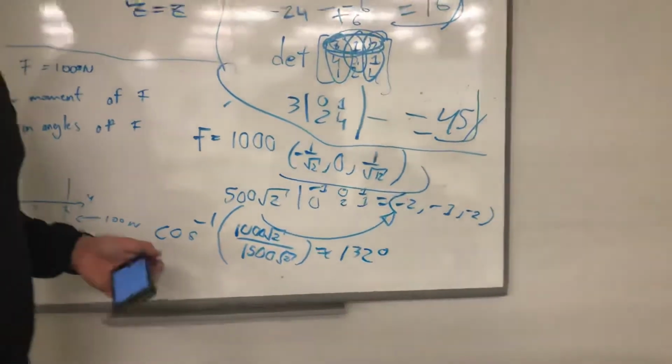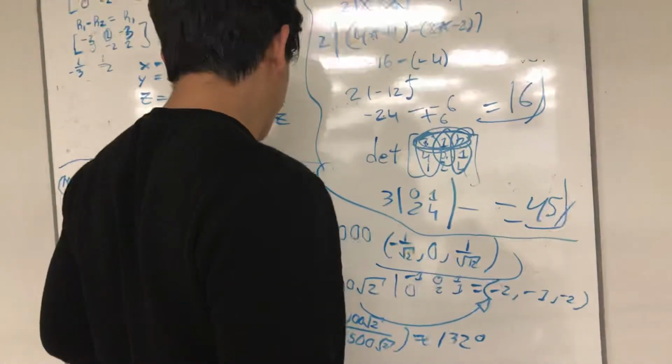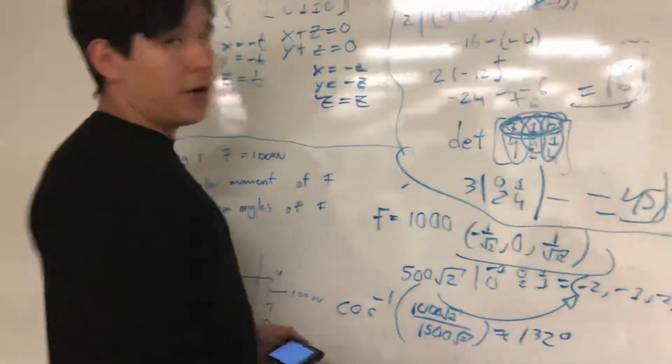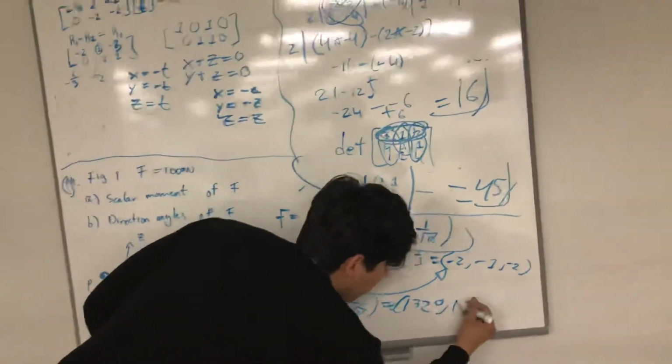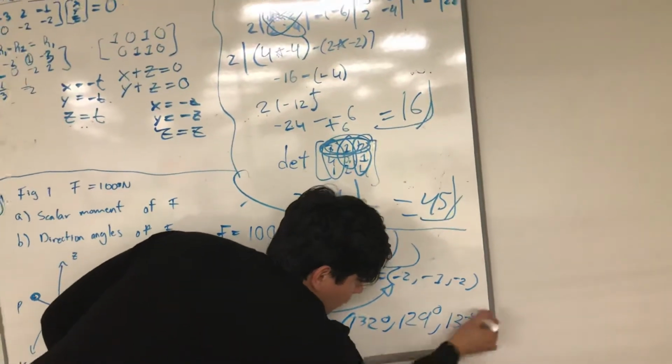So we have to find that for our three angles. Find it by yourself, but it will be this, 129 degrees and 132 degrees.